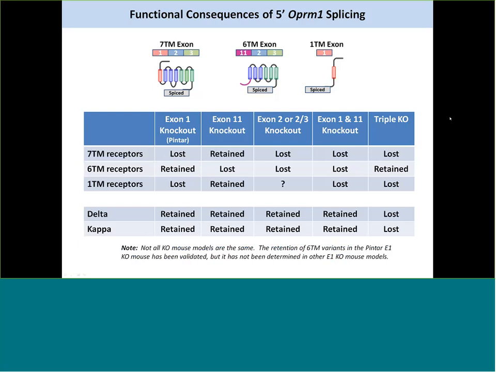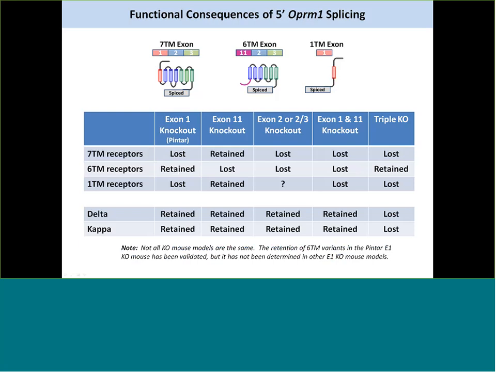First, it clearly showed that the mu receptor that was cloned was important for morphine actions, indeed replicating results from other people with their own knockout models. But Dr. Pintar's model was unique in several ways. Most importantly, in his model, the expression of the 6 transmembrane domain receptors was retained.